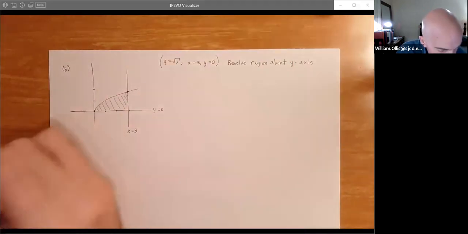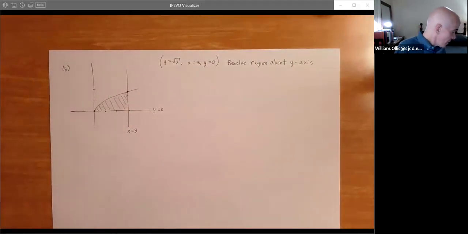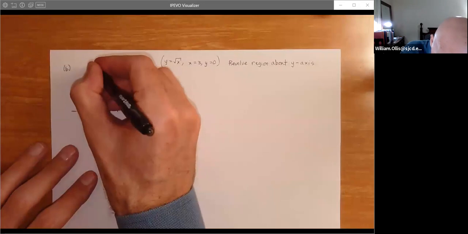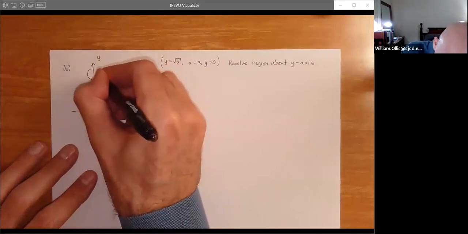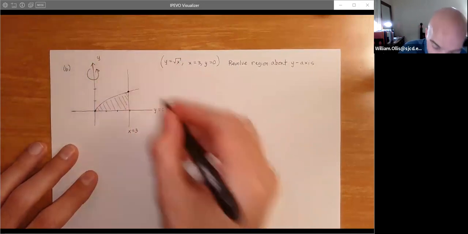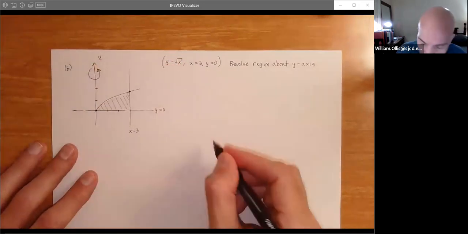I wanted to make sure I put that little arrow around. So we want to revolve about the y-axis.